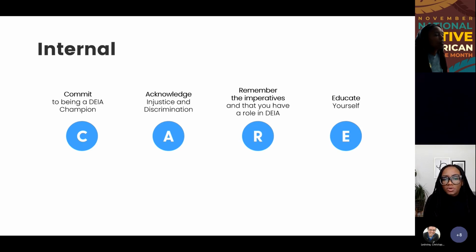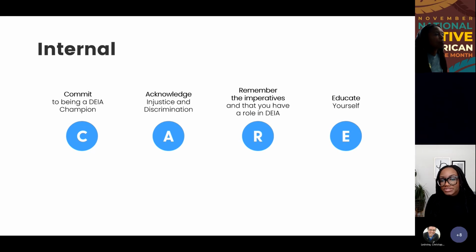Remember that there's a moral imperative, a personal imperative, a community imperative, and also a business imperative. And that you have a role in diversity, equity, and inclusion work, regardless of what your level is in your organization, regardless of your level of leadership. So from self-leaders to organizational leaders.